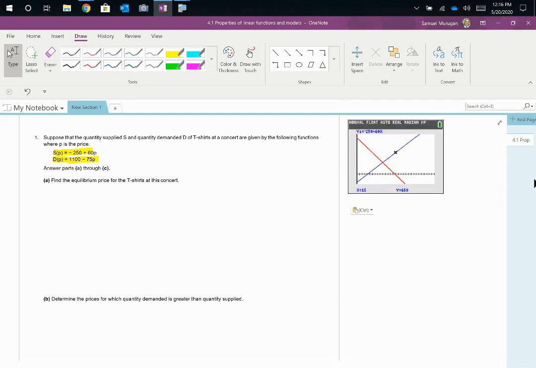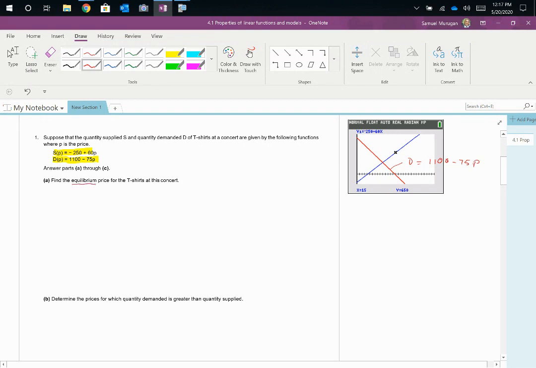Notice the graph with the negative slope is the demand equation, and the graph with the positive slope is the supply equation. So this red graph is the equation for the demand, which is equal to 1100 minus 75p.